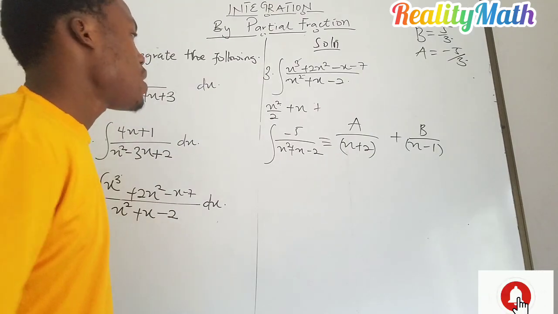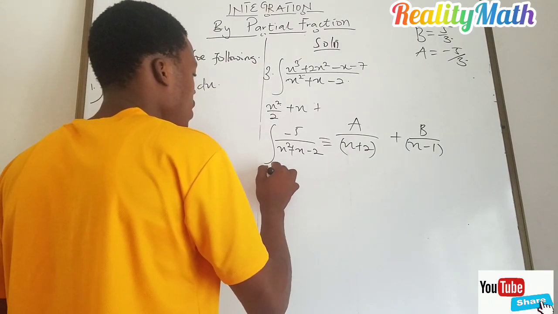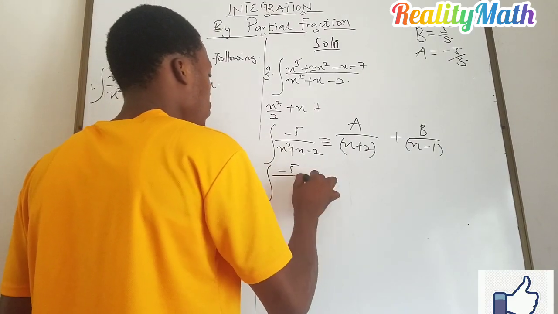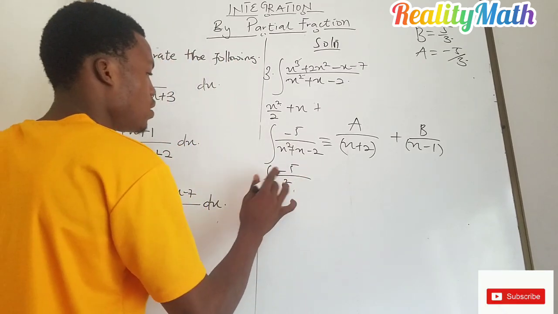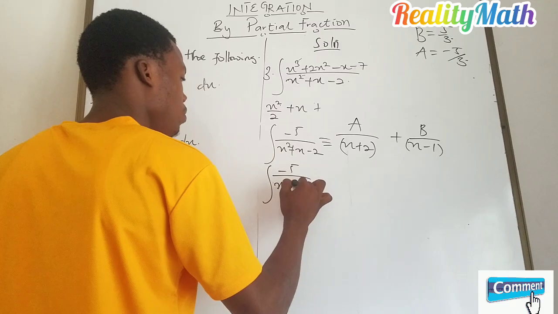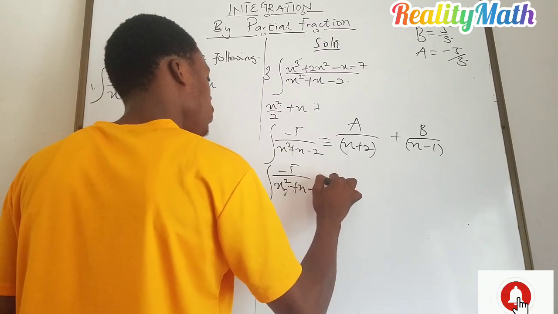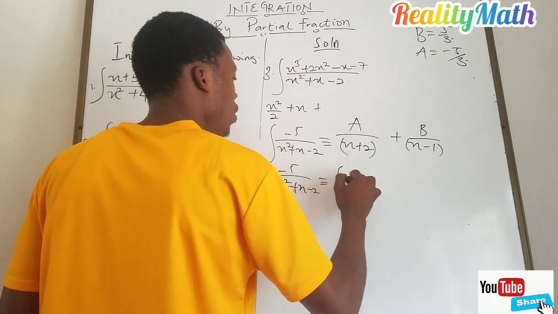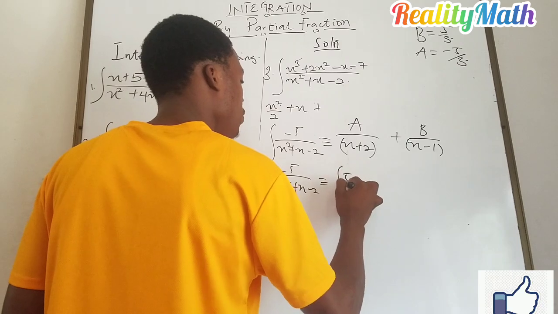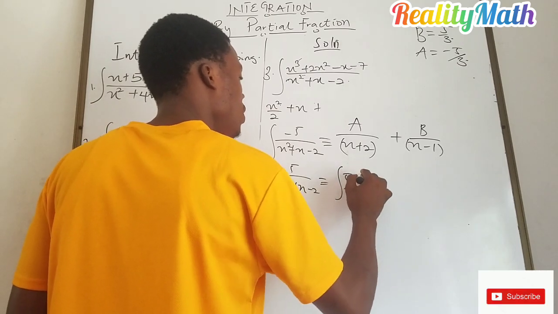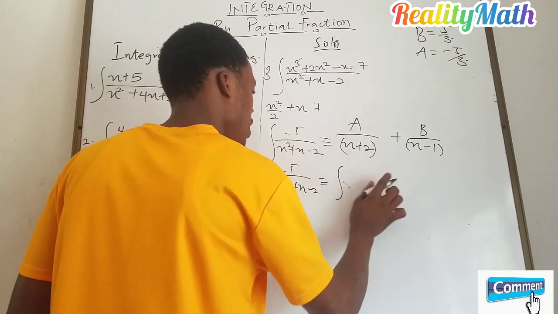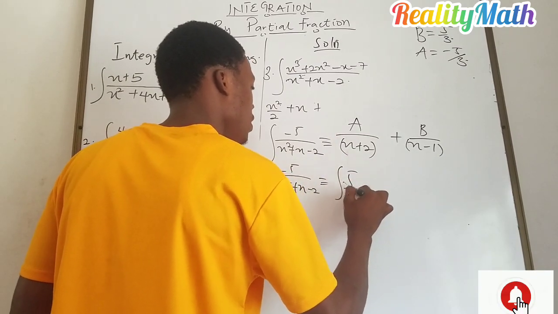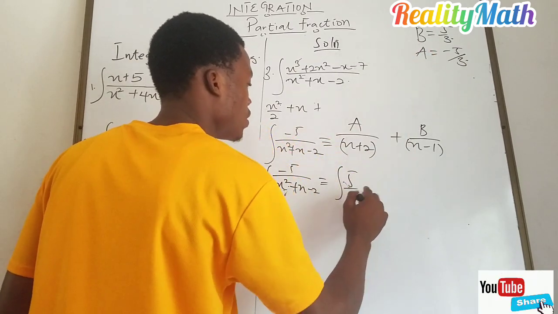So let's substitute. We are now going to have the integral of minus 5 over x squared plus x minus 2. Give me what? The integral of 5 over 3, and then we know that, let's put it this way, 5 over 3, and then it is what?